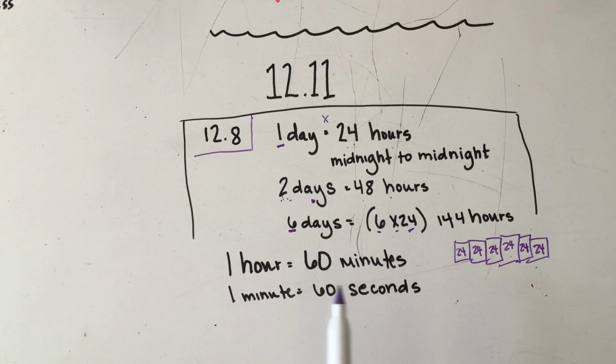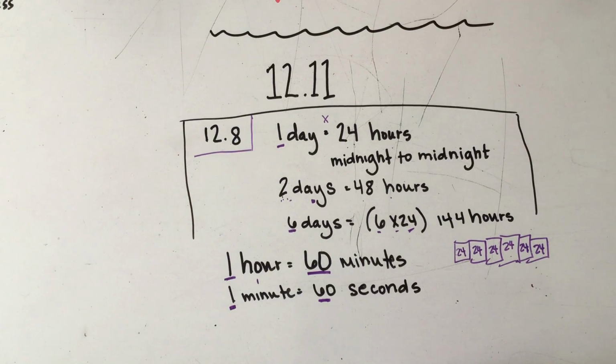The next thing is to remember, if we're looking at 1 hour, how many minutes make up 1 hour? And there's always 60 minutes in 1 hour. And in 1 minute, there are 60 seconds.